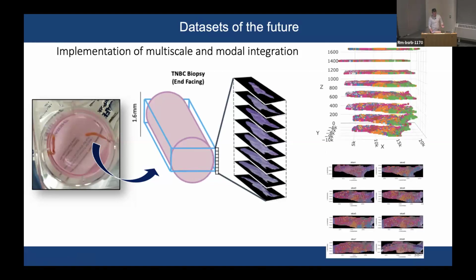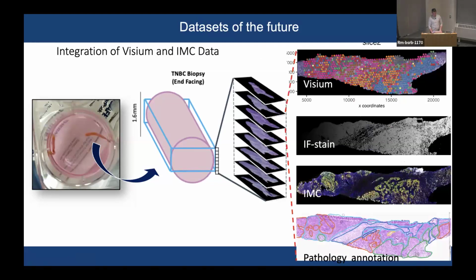This is just an example where we created a Visium data set, but then we also have additional sections in between that can be used for, you can ask your pathologist, can you annotate the data? You can do IMC staining, you can do additional IF stainings and so on, and then start thinking about how we can integrate all the data to really try to understand why that cancer is so aggressive, or what happened with that specific patient.